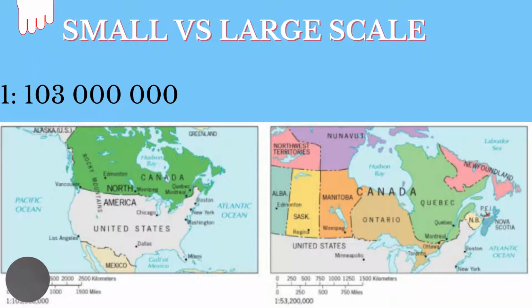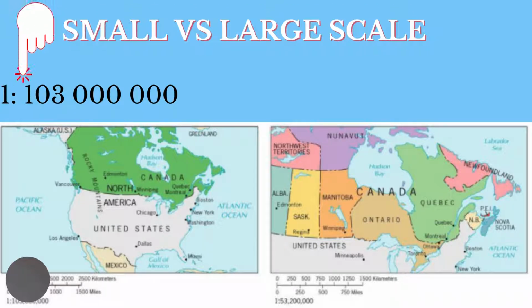Notice that the small scale map is showing a wider geographical area. It is showing North America, which includes Canada, USA, and Mexico.